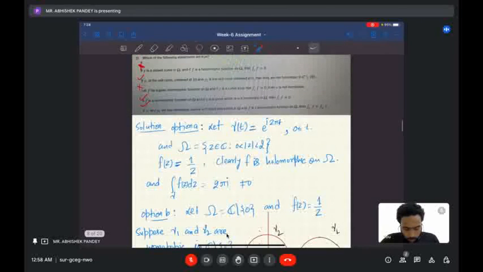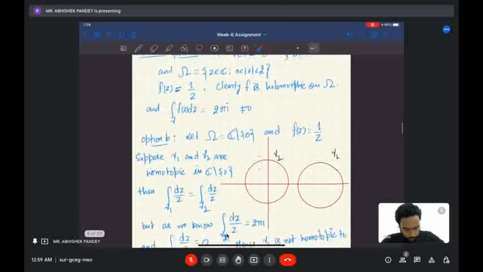Now the fourth option: if f is a holomorphic function on omega and gamma is a curve which is null homotopic in omega, then the integral of f is 0. This we need to check.